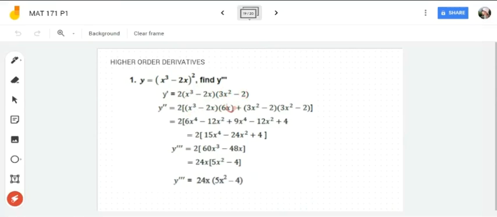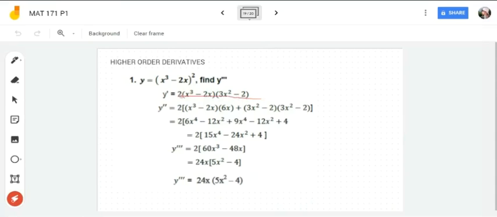So that is x cubed minus 2x multiplied by 6x, plus your 3x squared minus 2 multiplied by the derivative of x cubed minus 2x because of the product rule. So the derivative of this will become 3x squared minus 2.